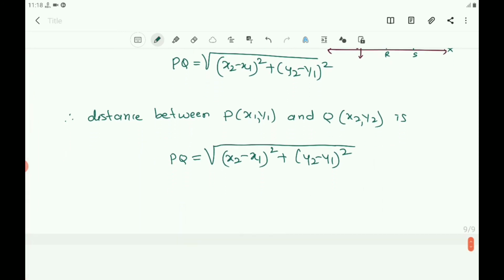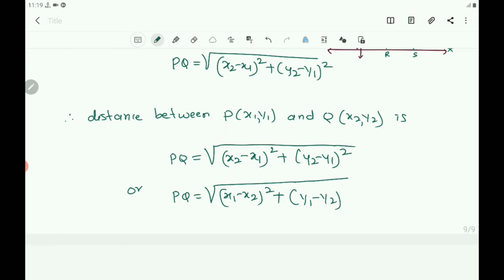Also you can take x1 minus x2 whole square plus y1 minus y2 whole square.